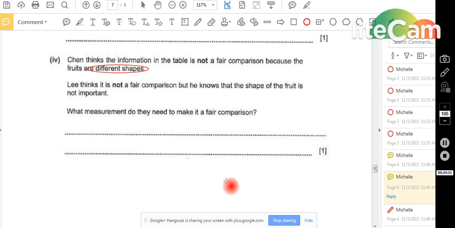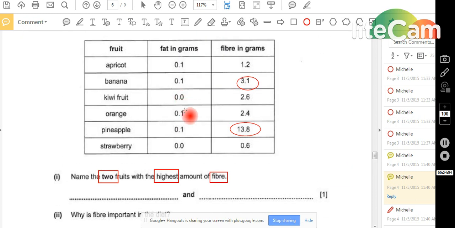Let me explain it this way. When you're doing an experiment, the thing that you're experimenting on is that one variable, and that variable will have different values. In this case, the variable is the different fruits. But all other variables in this experiment need to be the same.